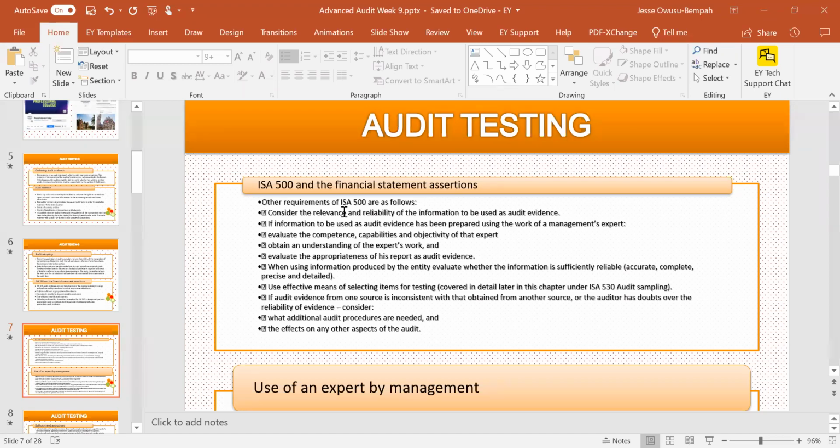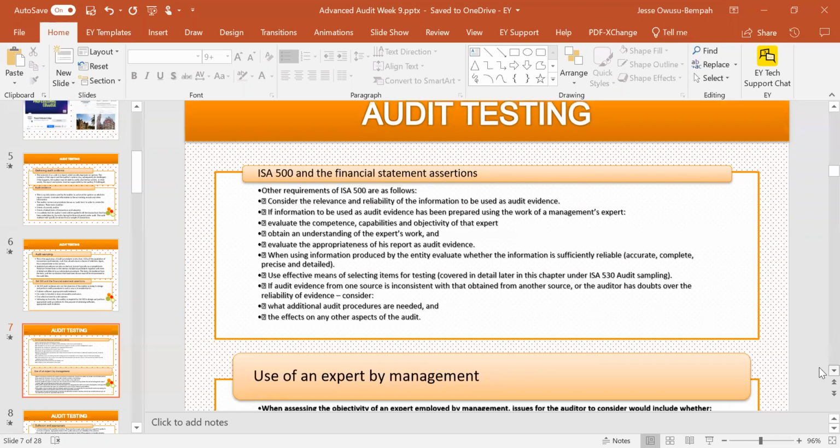And will begin to think about what kind of procedures they need to undertake to investigate this a lot more. So when it comes to inconsistency of audit evidence, that's something the auditor always looks out for. Any questions on that?